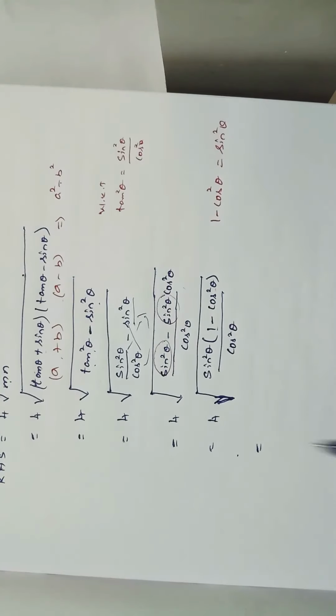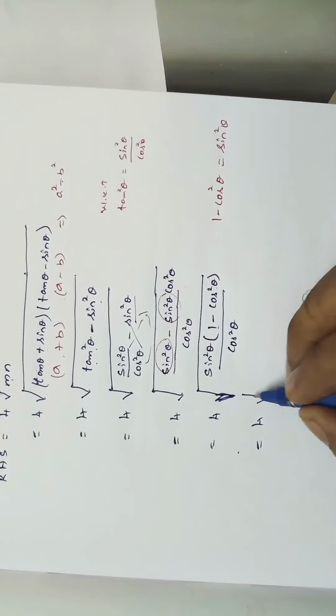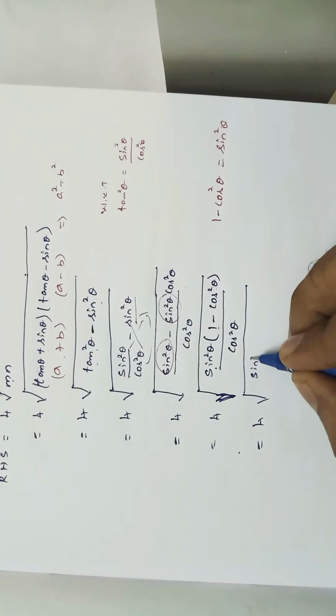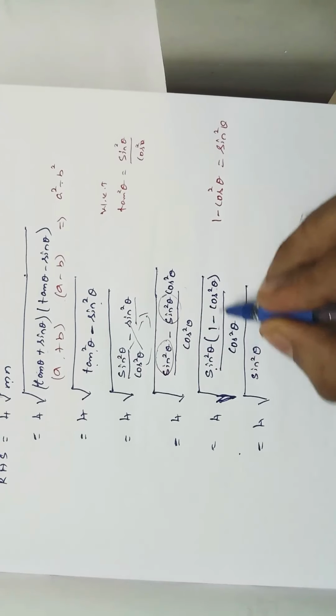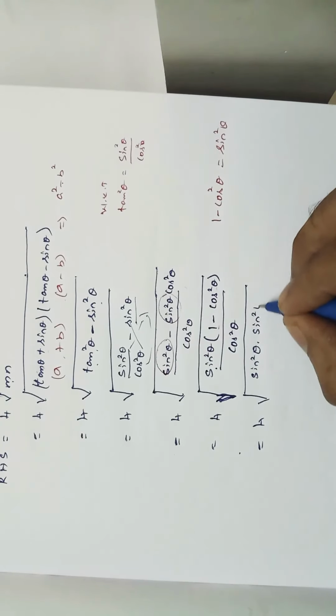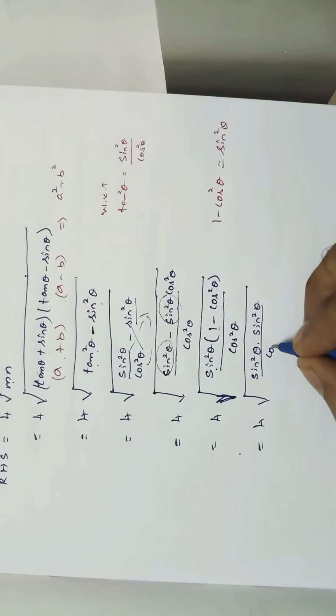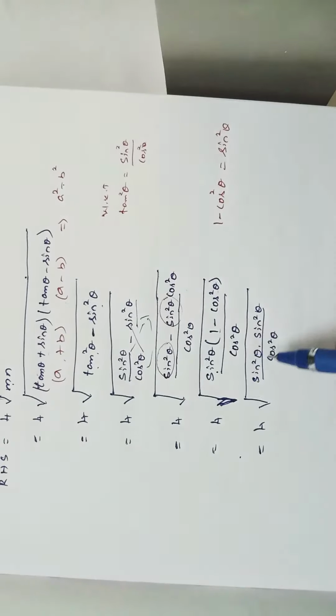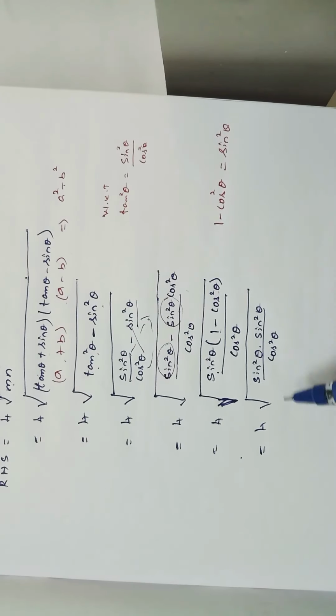So it is equal to 4 into square root of sin square theta into sin square theta divided by cos square theta, right? I have converted two terms in terms of one term by taking the common term outside.